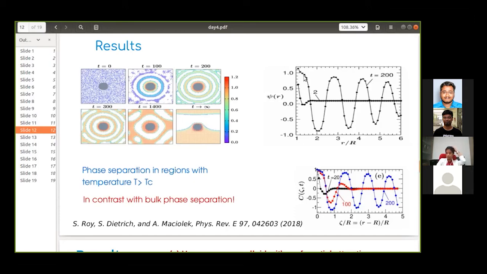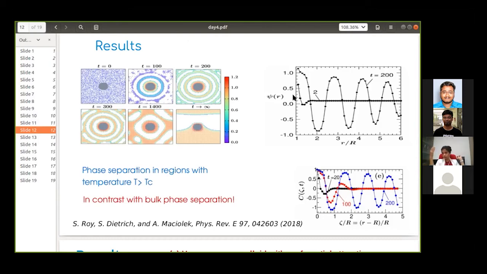The order parameter is positive. Then you have a small depletion layer, and almost everywhere in the fluid the order parameter is close to its initial value. There's not really much happening, because it's just the initial time and you have only one layer formed, and not much is happening in the rest of the fluid.